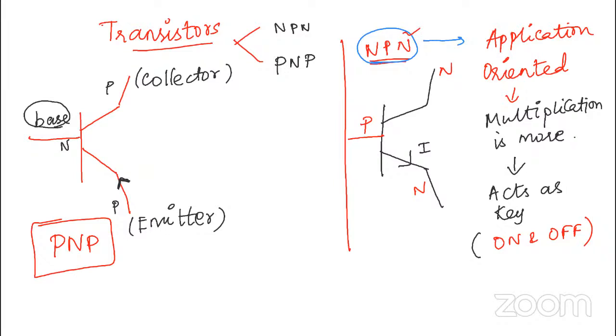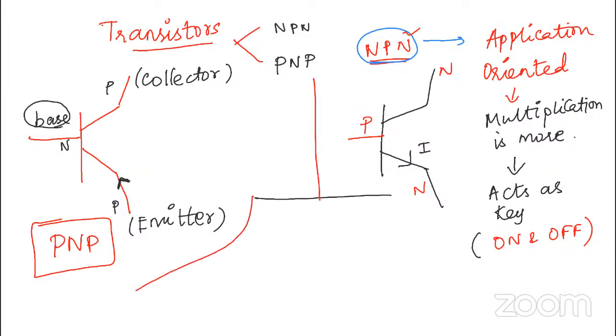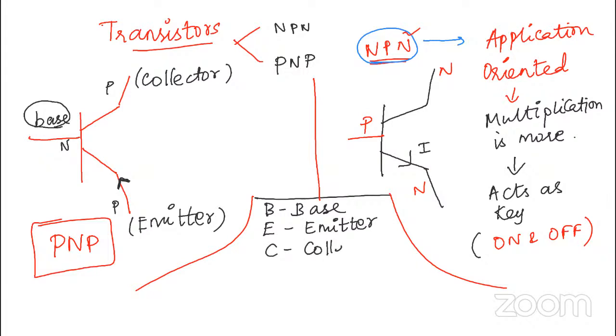Right. So for the emitter, base, collector and all, they are simply denoted by B அப்படின்னா it is the base. Okay. And E அப்படின்னா it is an emitter. And C, it is a collector. Okay.